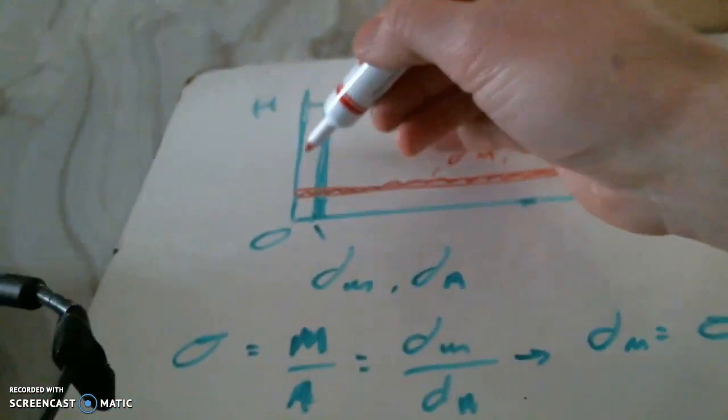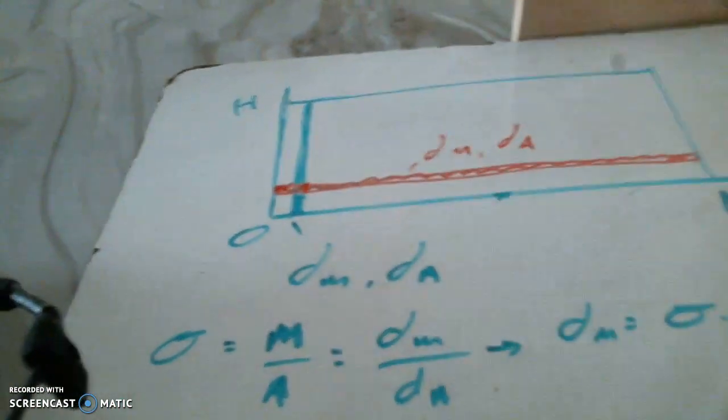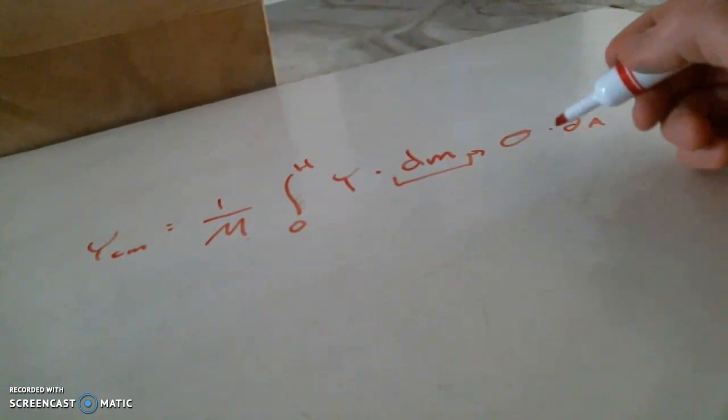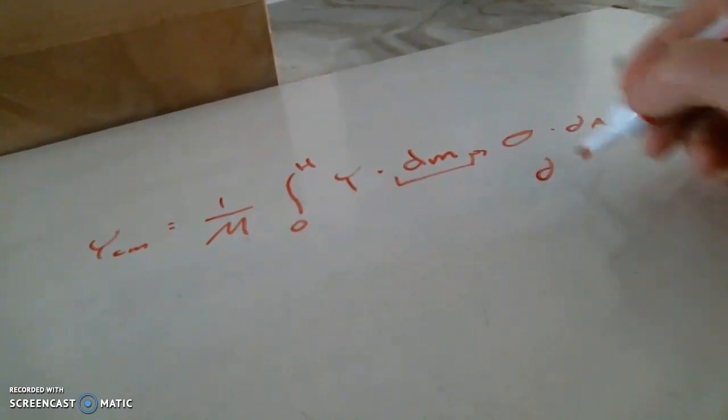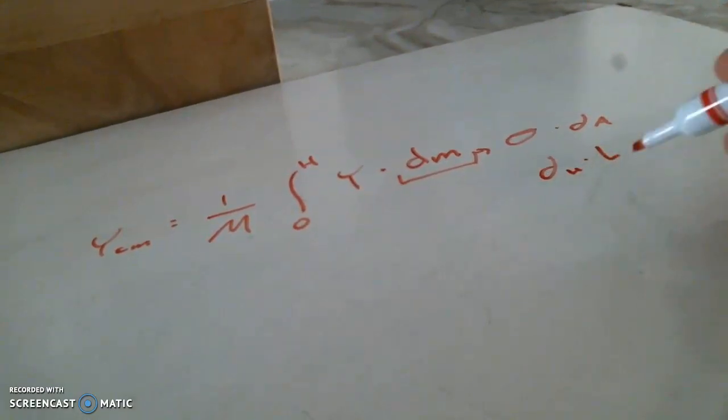So again, it's a differential y, the thickness of this little sliver right there, we're going to call that a differential y, or a differential h, it doesn't matter. It would probably make more sense to call it a differential h or a y. I mean, it doesn't matter. I'll go differential height times the constant length.